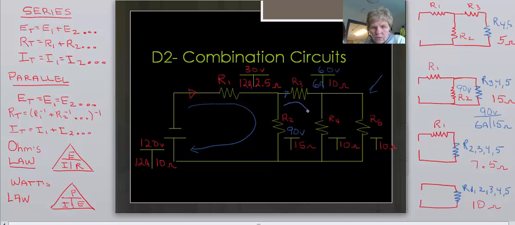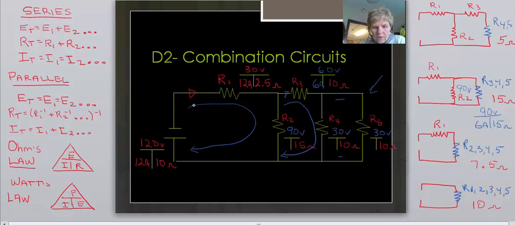I started with 90 volts across that resistor, so that means R3 and R4 also have to equal 90 volts. If we have 60 volts already at R3, it means that only 30 volts are left, and that has to be our voltage for R4. There are no resistors on the top or the bottom of this, so R4 is in parallel with R5, which means R5 also has 30 volts.